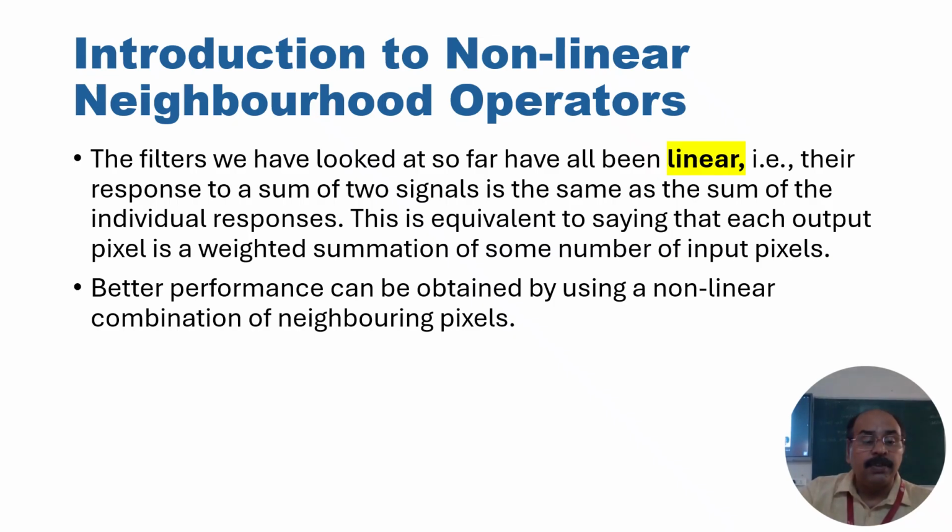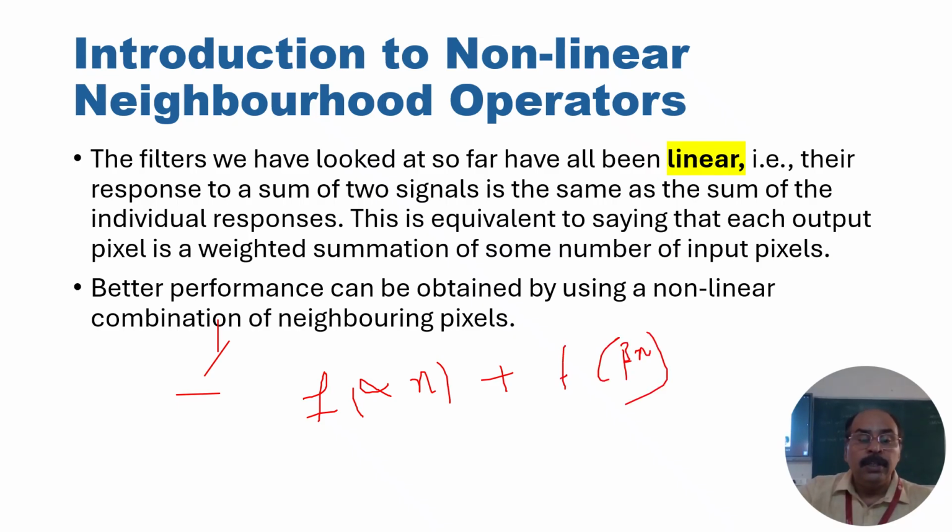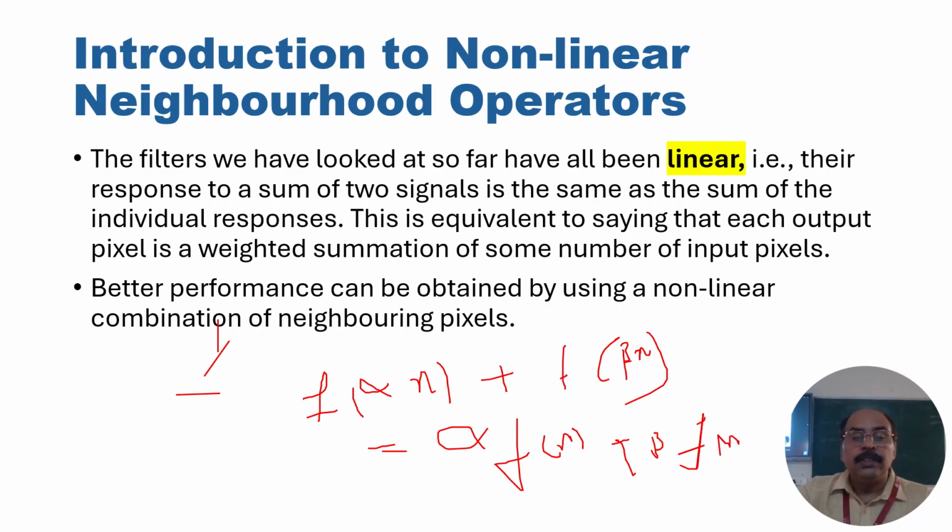A linear function, for example, f of alpha x plus f of beta x will be equal to alpha f of x plus beta f of x. This is a simple explanation for a linear function. We'll study in detail what linear functions are. But anyway, we have completed our linear portion.